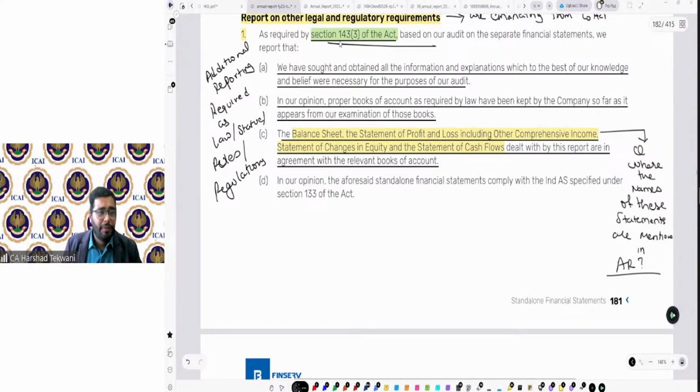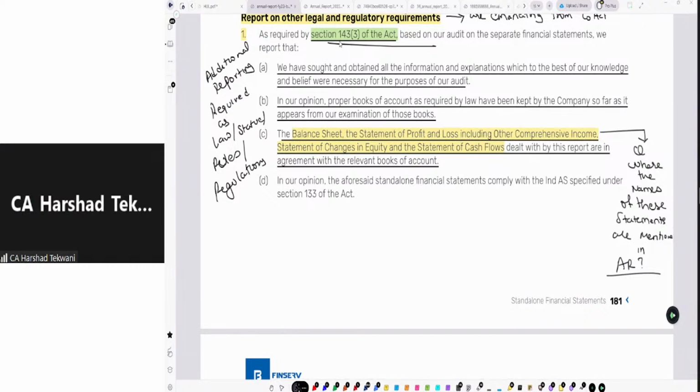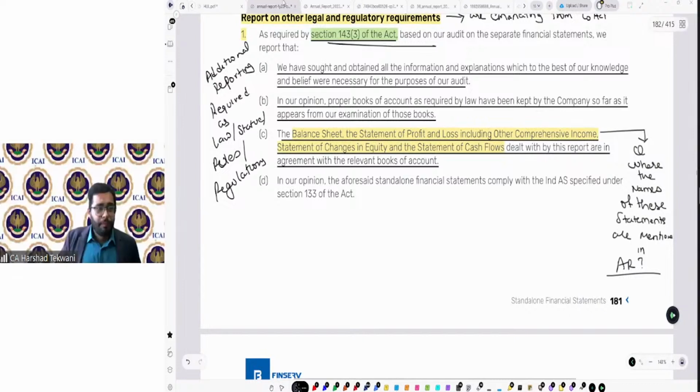Come on, guys, quickly. In which paragraph of the audit report do we write the names of the statements?